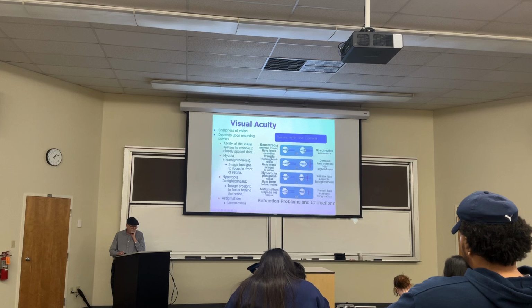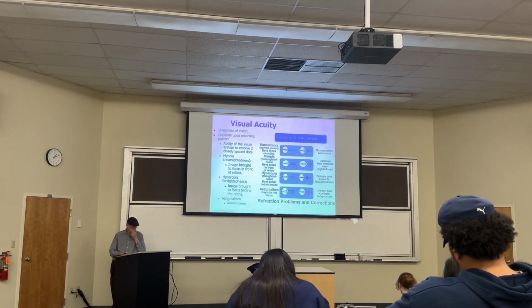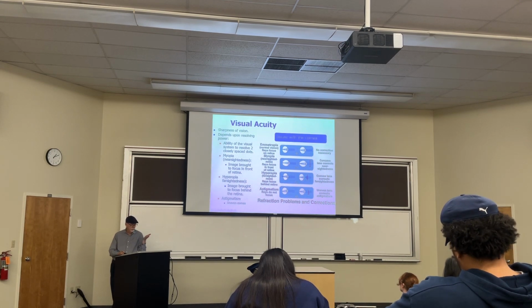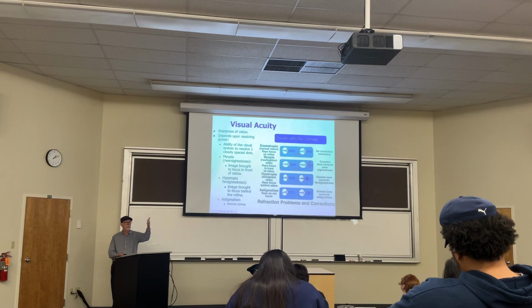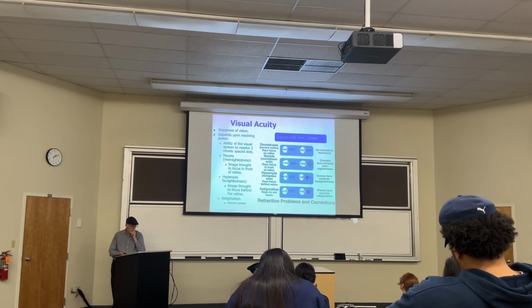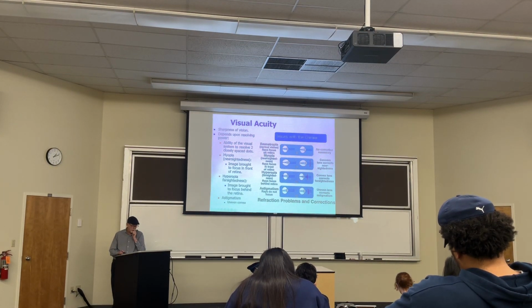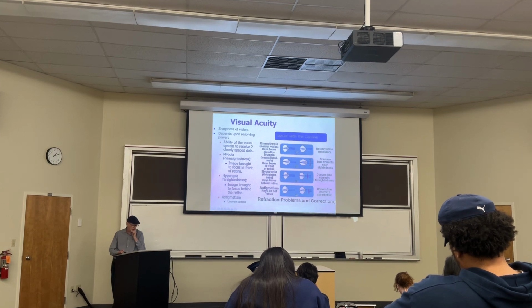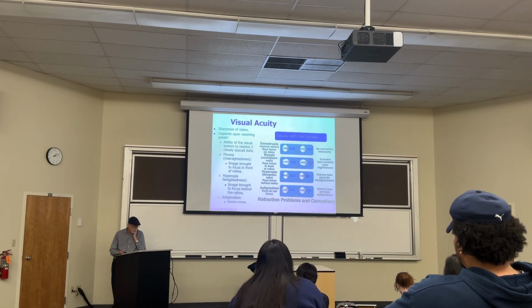Hyperopia, or farsightedness, of course, myopia means you can see near, close up. It's also called nearsightedness. You don't see well far away. Hyperopia, or farsightedness, means you can see farther away and not close up.